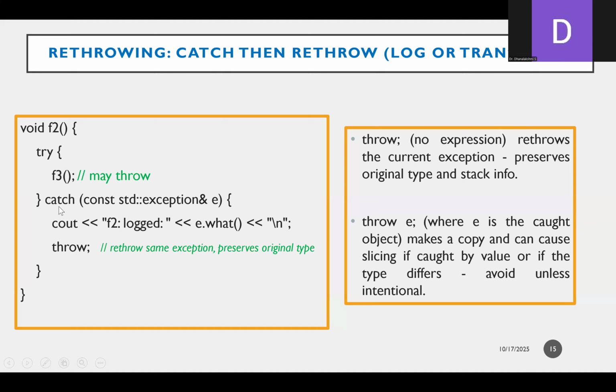The catch const std::exception& e block is triggered because you have a catch here. Inside it, it prints a message "F2 logged", and "error in F3" will be printed here. So F2 has partially handled the exception, which means it logged it.